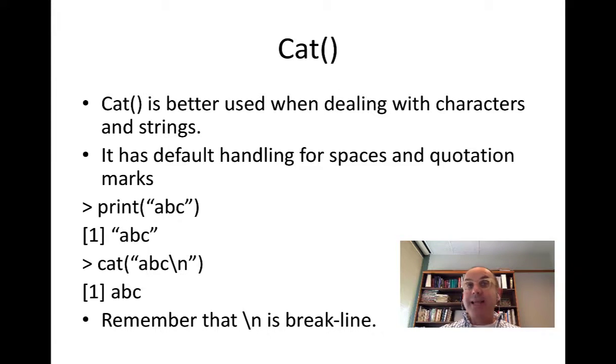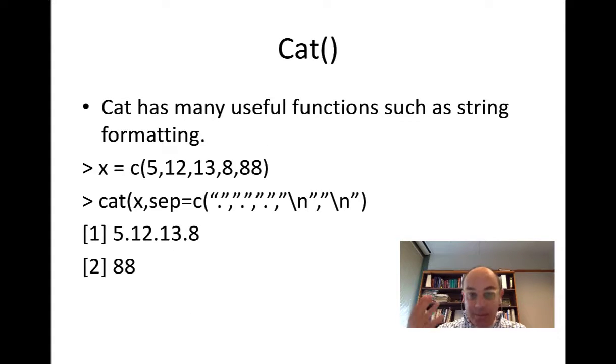So remember that \n is a line break. This lets us take the quotation marks out of what the ABC container consists of. It's just another way to deal with characters and strings, taking out the quotation marks and leaving them out of the end result.